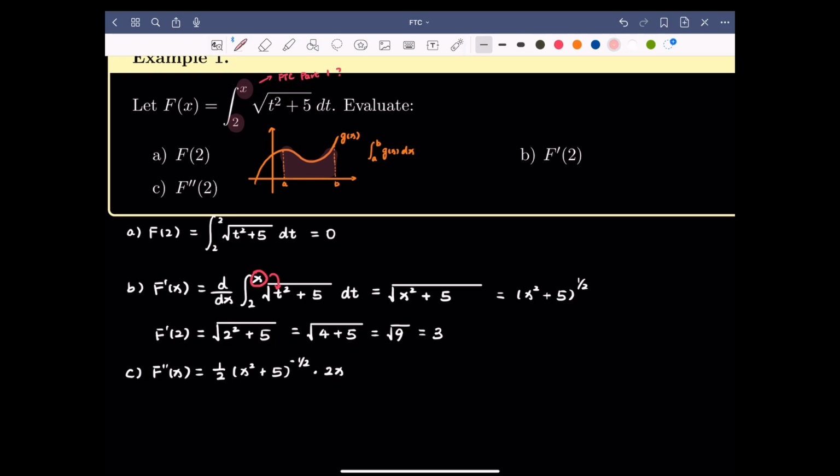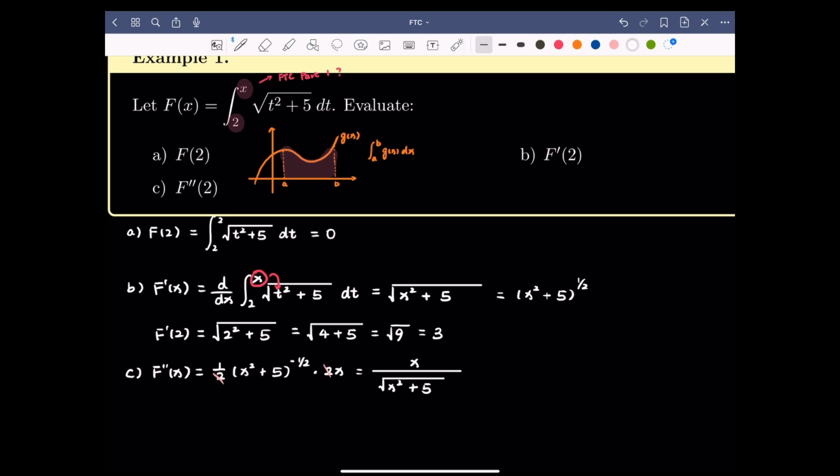Okay? And those 2 and 2 can cancel out. I can rewrite it, of course. So let's rewrite it and write it as a square root back. So that's gonna be x over square root of x squared plus 5.